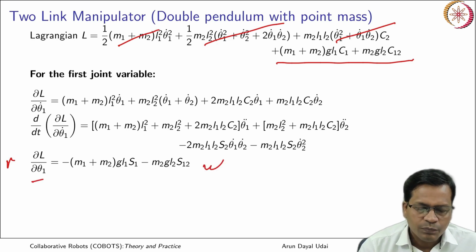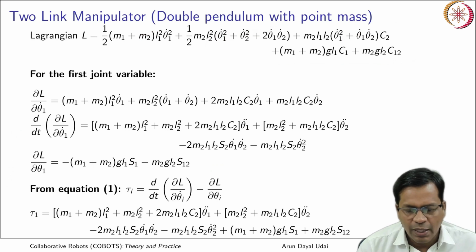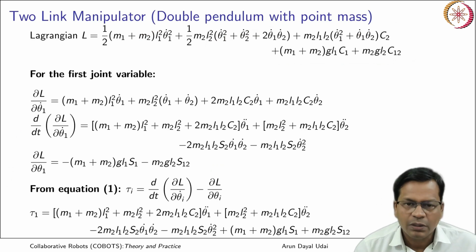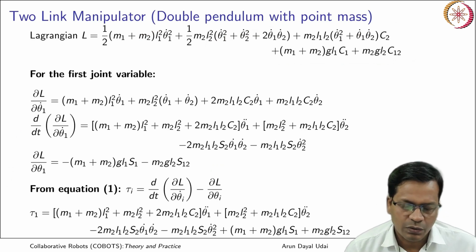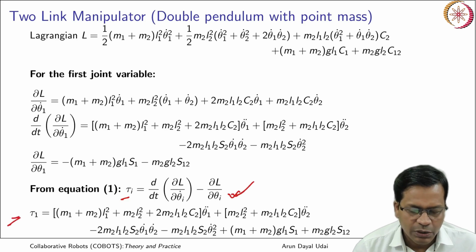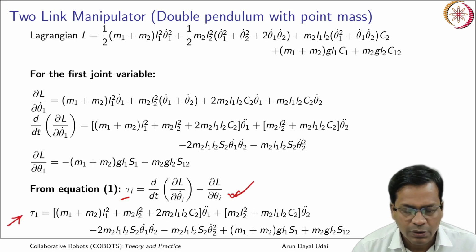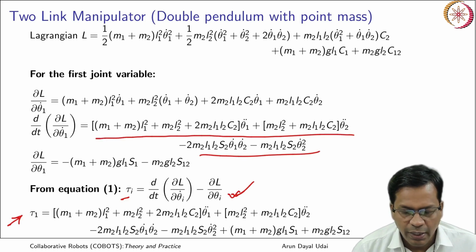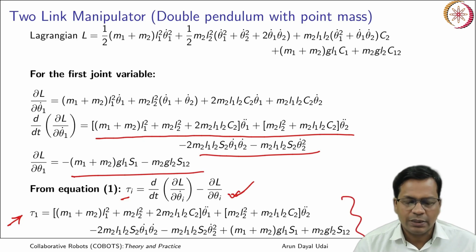So now summing these two terms together and forming my Lagrange-Euler equation, it leads to this. So tau 1 is equal to d by dt dou L by dou theta 1 dot minus dou L by dou theta 1. Okay. So that gives me tau 1. So that is the whole of this and this together, clubbed together like this.